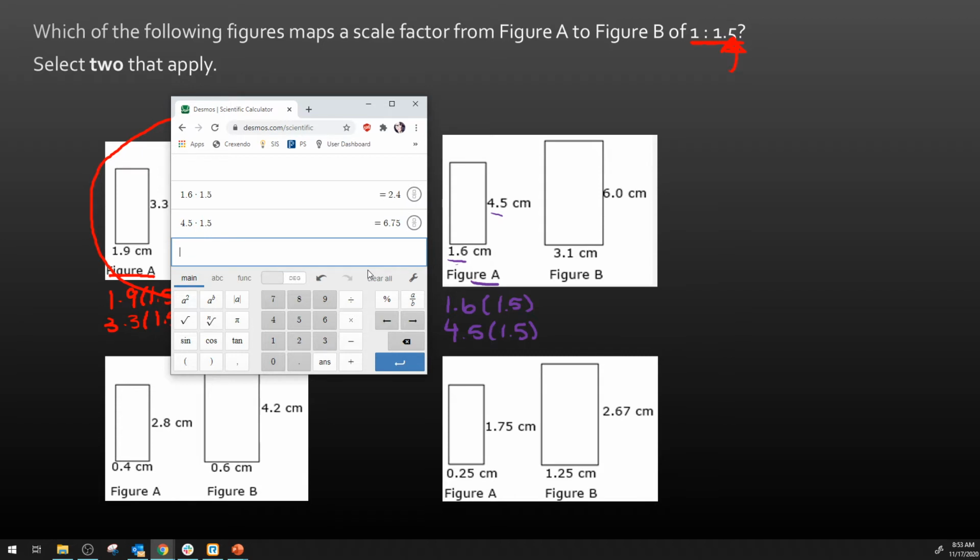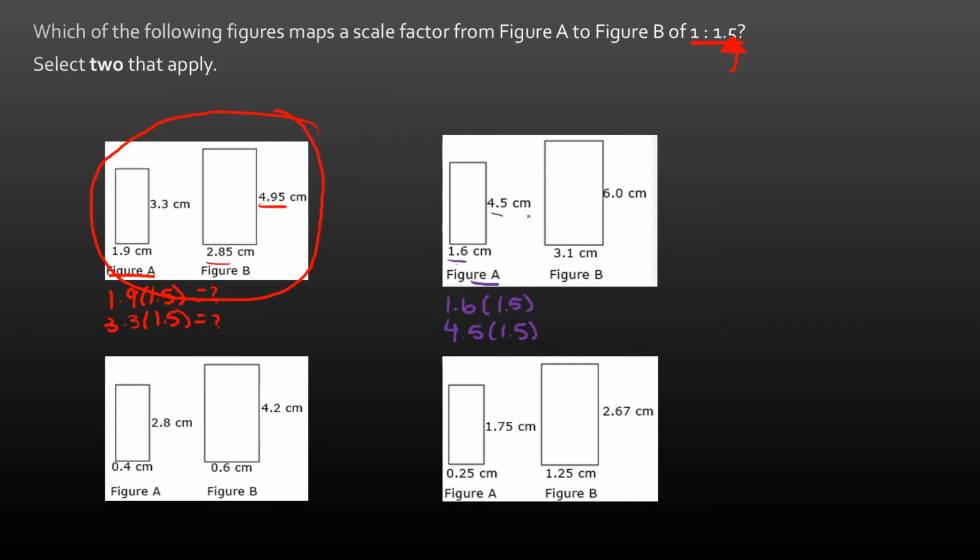There we go. So here I can see I get a 2.4 and 6.75. And when I look at this figure here on B, these side lengths here are not the same, right? That's not the same numbers I'm getting, which means that this image is not correct because those side lengths are not the same. Now let's check the third one.